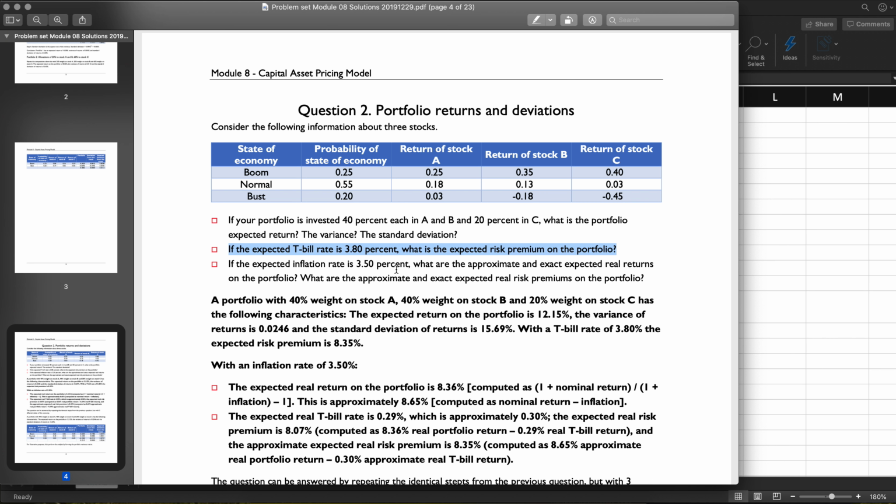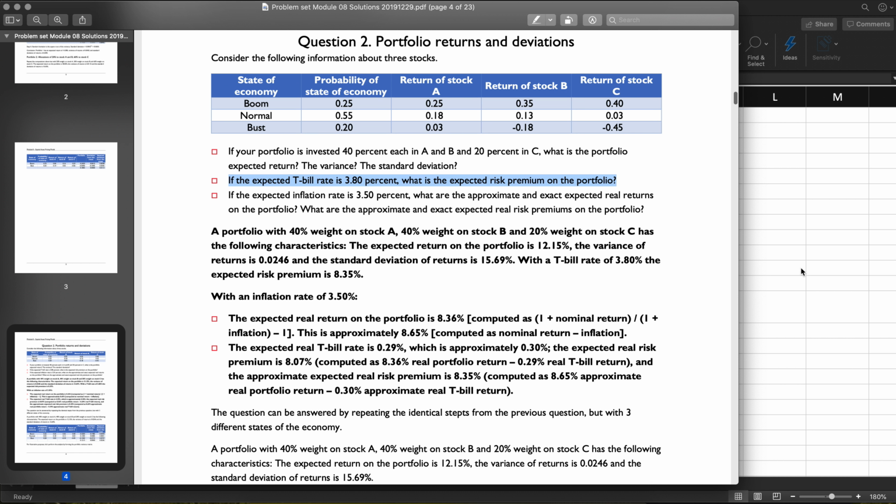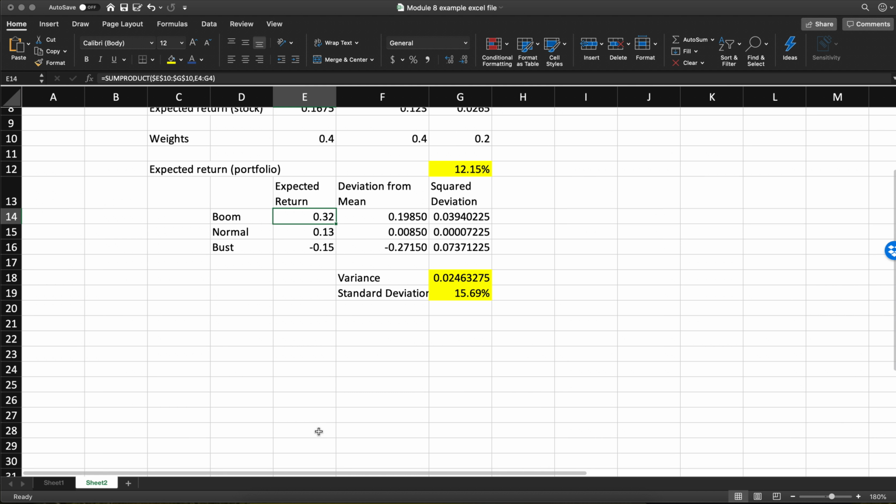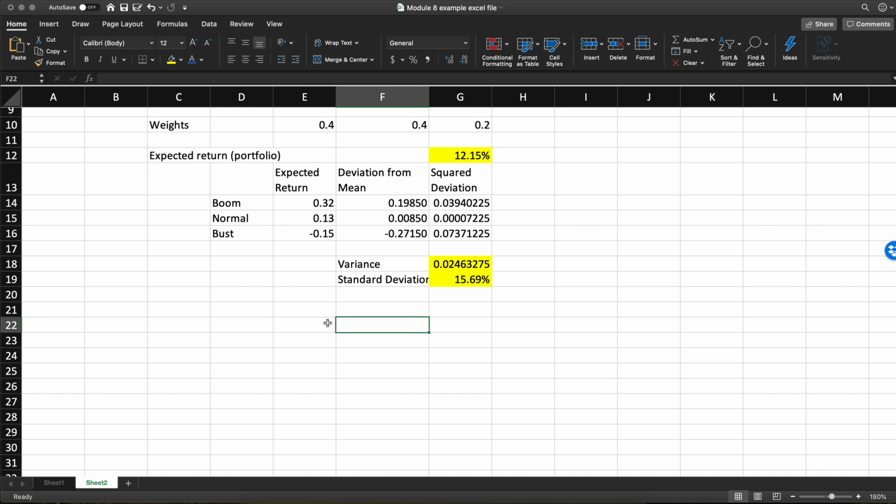If the expected T-bill rate is 0.38, what is the expected risk premium? So let's just come down here and say, I'm just going to copy this down here. 0.038 is the T-bill.